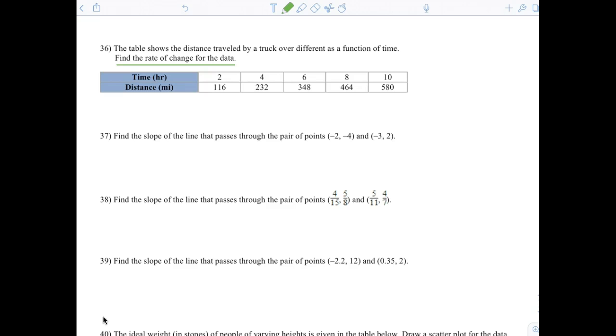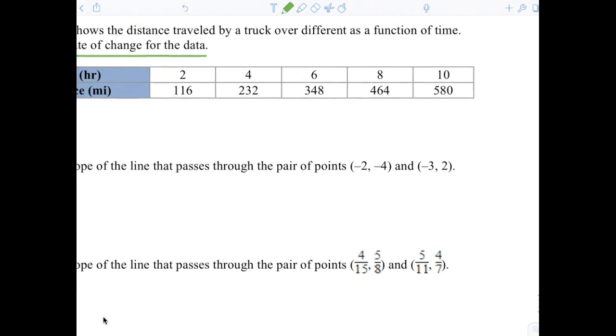Now, in order to find the slope, I need to do what? y2 minus y1 over x2 minus x1. Some of my kids say, well, I'm confused because I don't know what x and y is, and there's not just 2 points, there's 1, 2, 3, 4, 5 points.